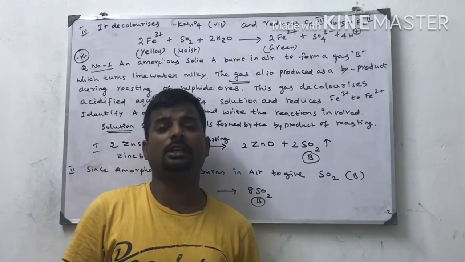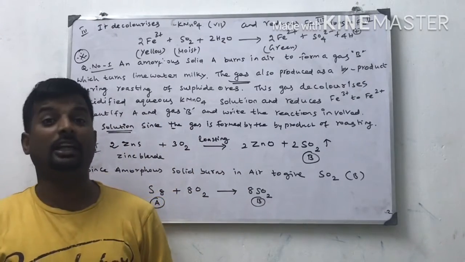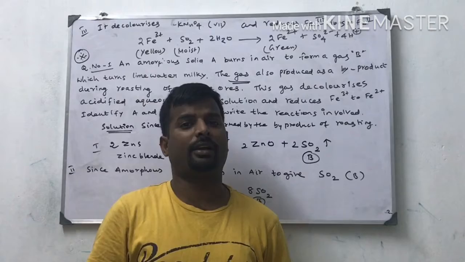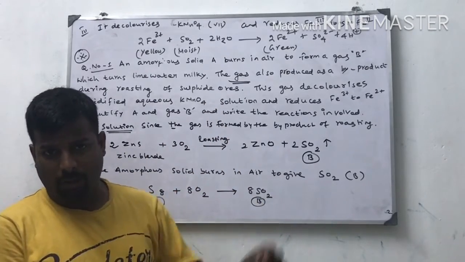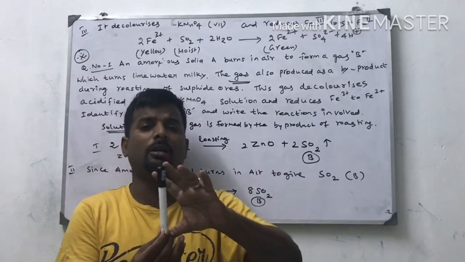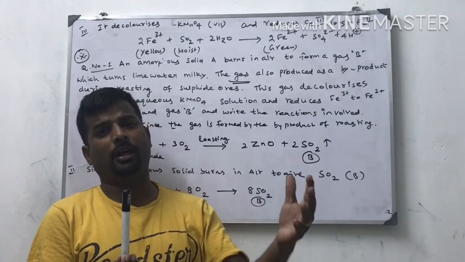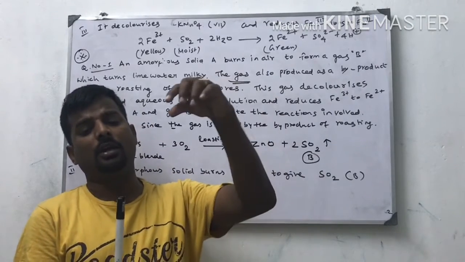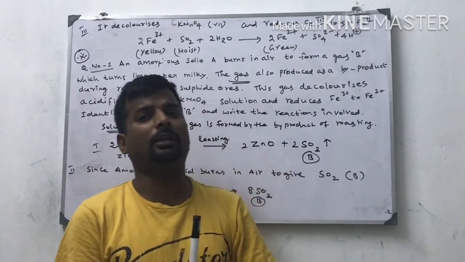The second one is the convenient test for the gas, the identification test for sulfur dioxide. Whenever sulfur dioxide gas is passed through potassium permanganate, in a test tube carrying a purple solution, with the help of a glass tube, we pass sulfur dioxide gas into the tightly corked potassium permanganate.